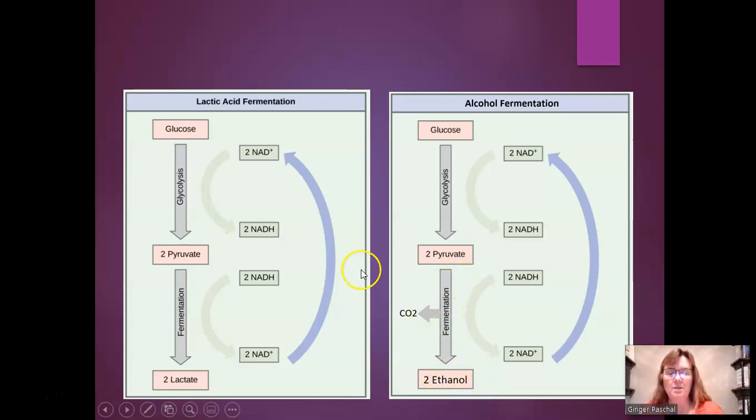These two processes differ slightly, and the reason we have two different processes is because different organisms do these. We do lactic acid fermentation. Yeast does alcohol fermentation.